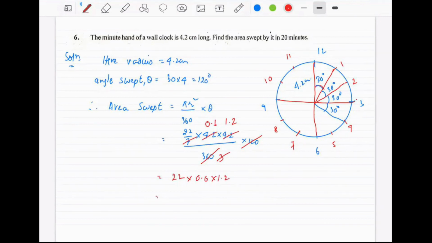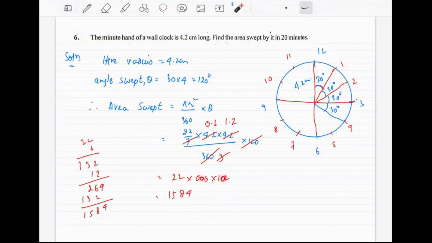Multiply them. 22 and 6, we have got 132. Multiply this with 12, we get 1584. And there are 2 decimal points here. So you have to put the decimal point, and you put centimeter square.